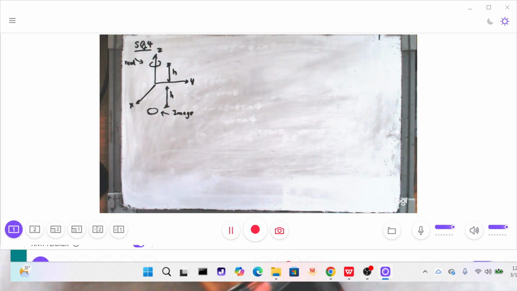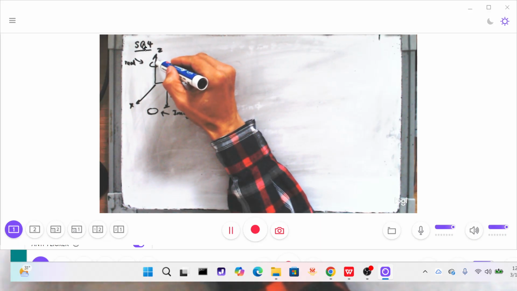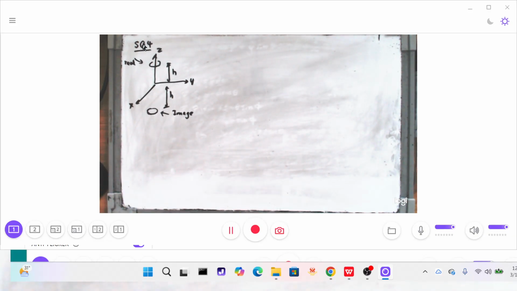Now, before moving forward, we need to determine the polarity of the dipole.